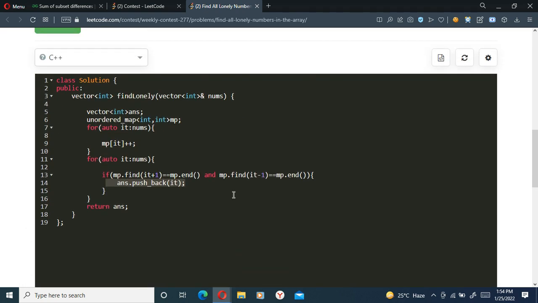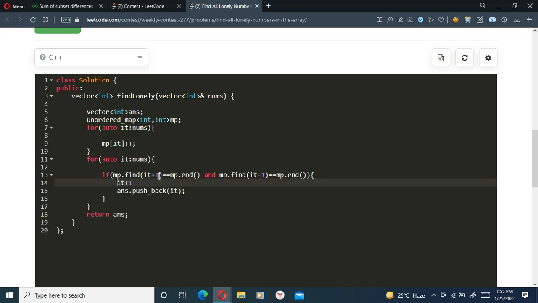1353. If mp dot find it plus 1 is equal to mp dot end, and mp dot find it minus 1, I'm checking for the values of both the positive and negative side as well. Let's just see what is the problem here.